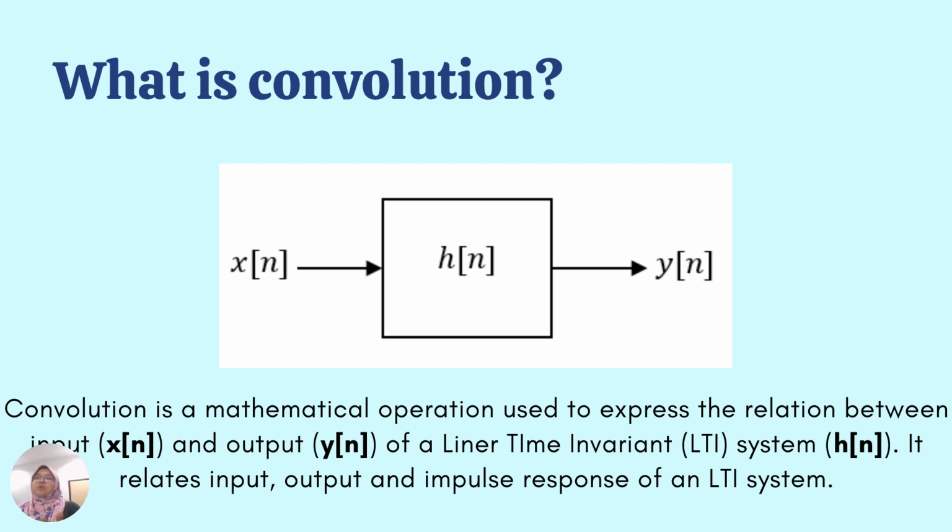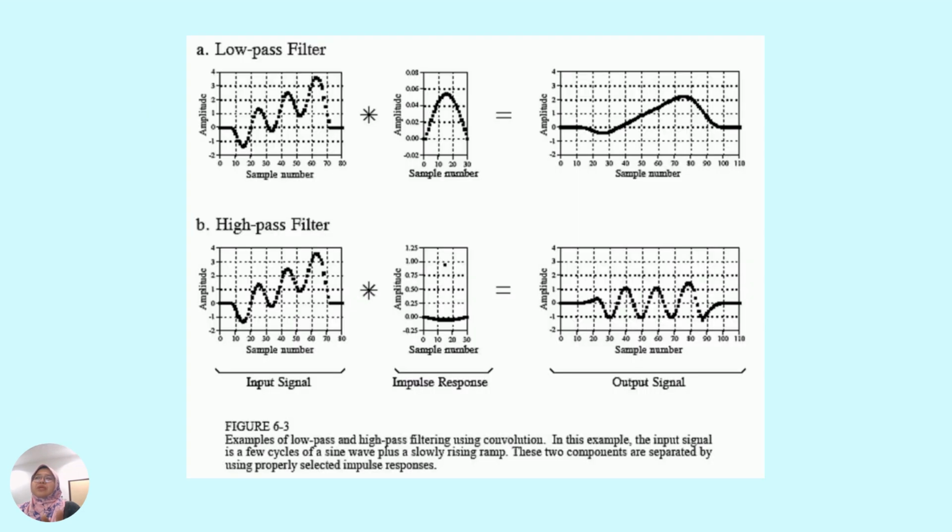Okay, so when in convolution, it's being used because it shows ataupun it's a process of this system and signal. So that's why dalam proses buat filtering, okay, kita gunakan convolution. So here you can see this is the process, the low pass filtering bila kita darabkan signal input and the system response.